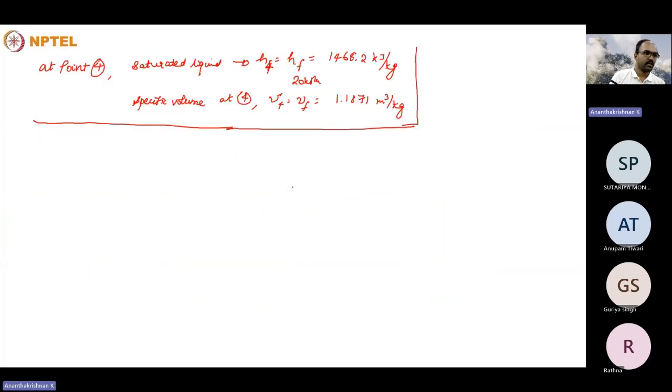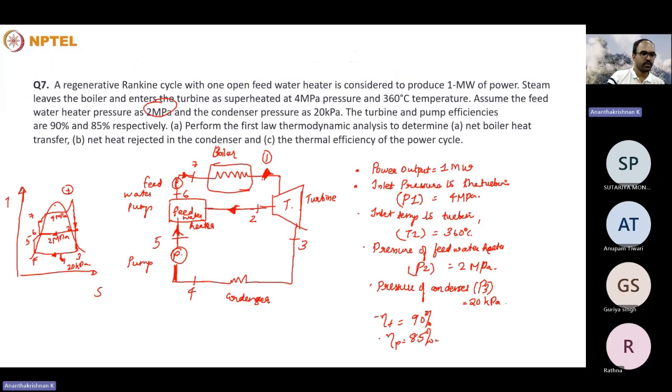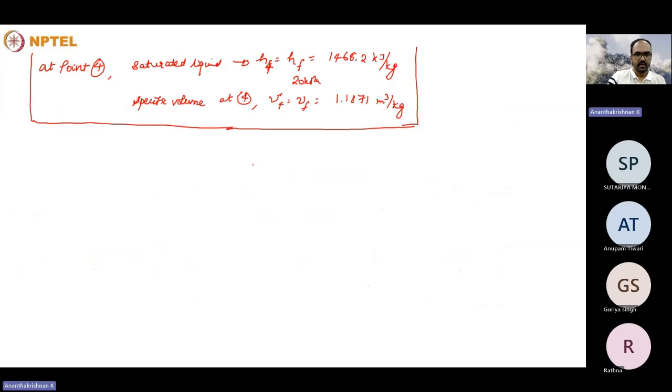So this is point 4. Now we move to the other extreme, that is point 1 before the turbine. Its temperature and the pressure we know, that is 4 megapascal and 360 degrees Celsius. It's a superheated region.